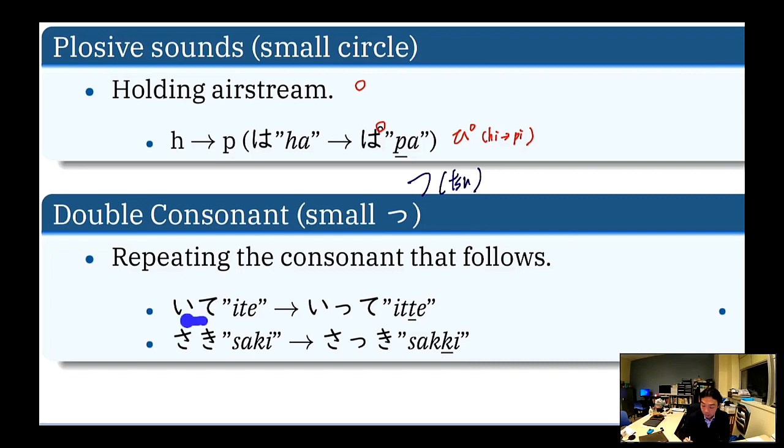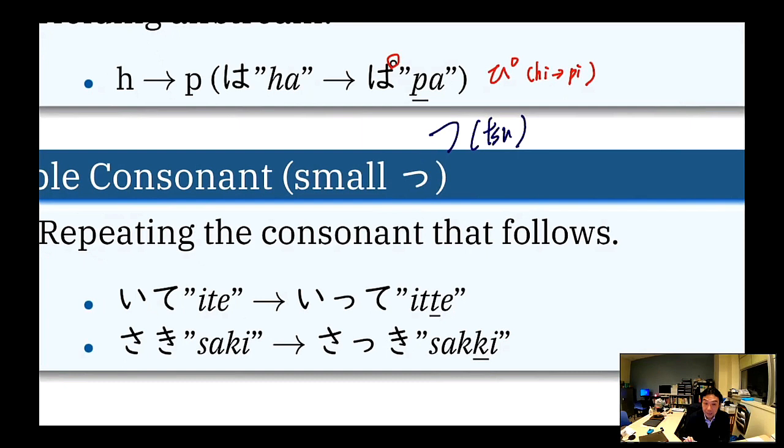So for example, this one is ite. Now you have a little tsu here, and what it does is it repeats the consonant that follows. So ite, and what it does is it repeats the consonant that follows, which is T sound.